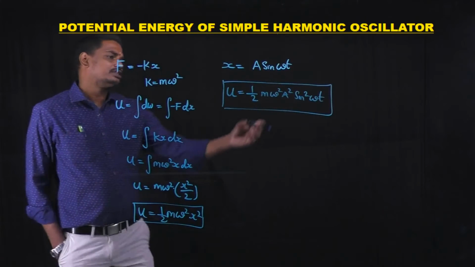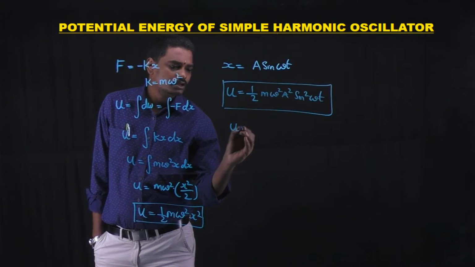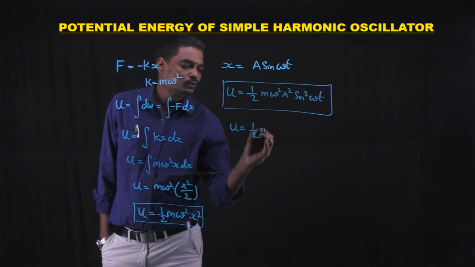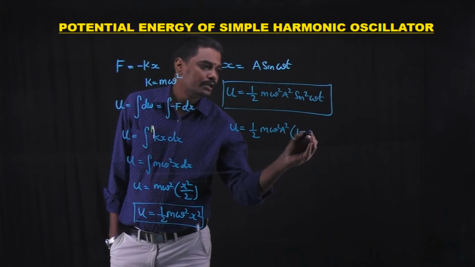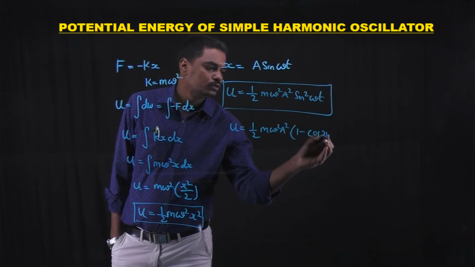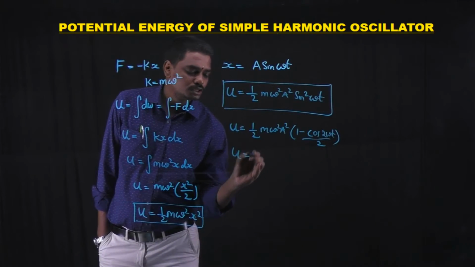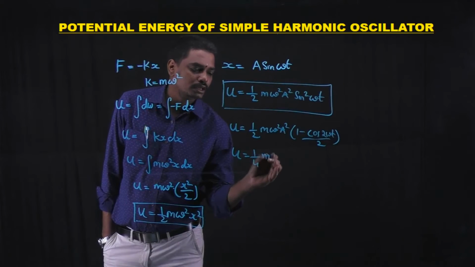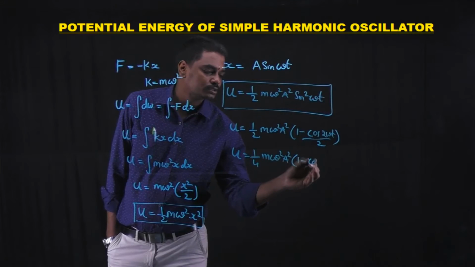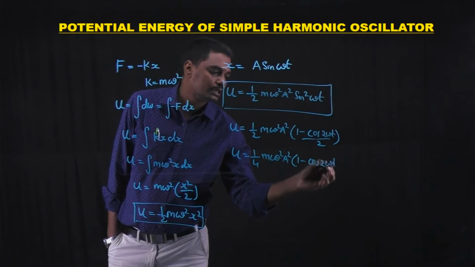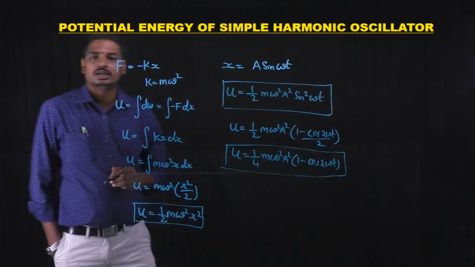Sin square omega t can also be written as 1 minus cos 2 omega t by 2, from which U is equal to 1 by 4 m omega square A square into 1 minus cos 2 omega t, which is also an expression for potential energy.